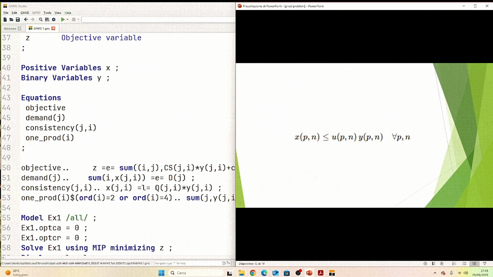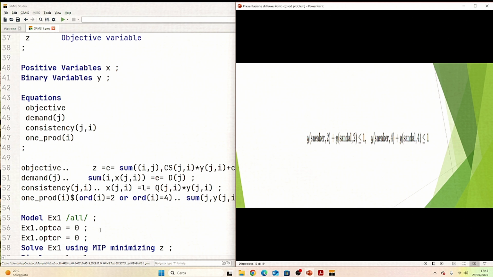The last one, constraint number 4, is that only one product in plants 2 and 4 can be produced. We must choose one product only. These two inequalities force exactly that: at most one of the two binaries can be 1 in each of those plants.